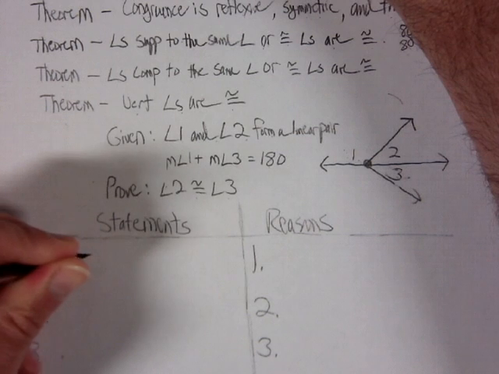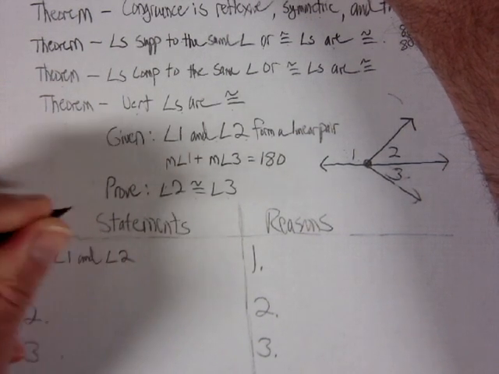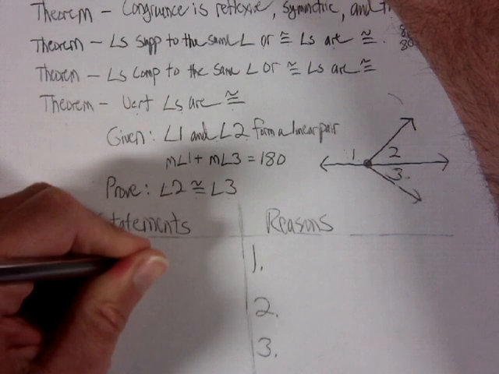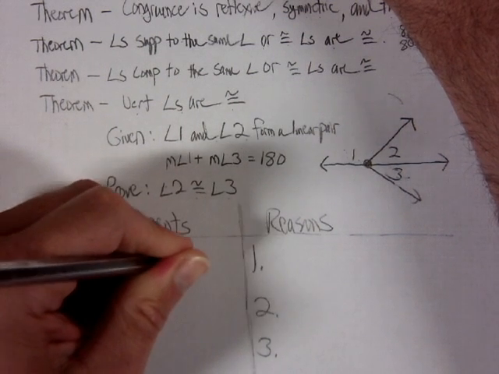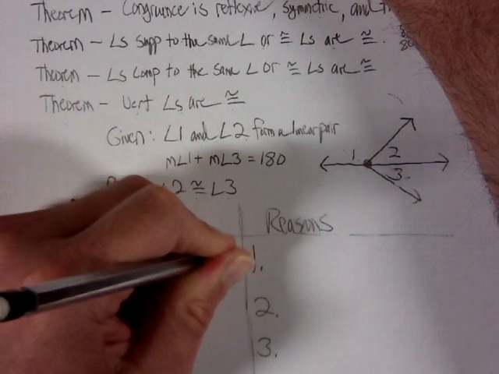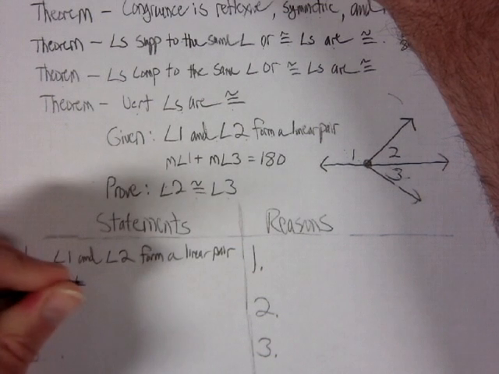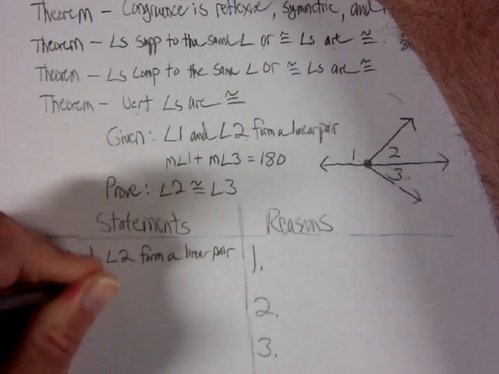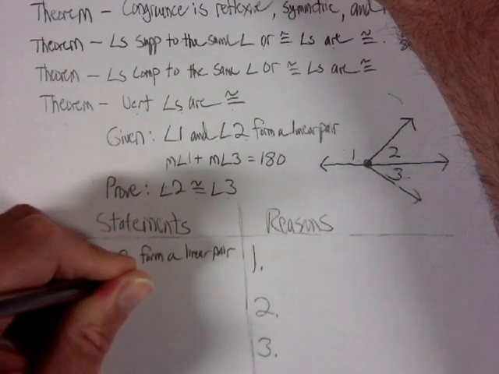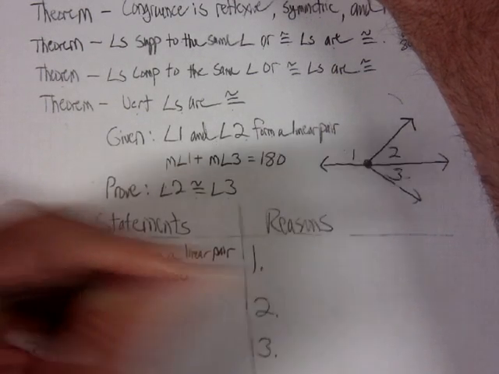Angle 1 and angle 2 form a linear pair. And the other part of the given information is that the measure of angle 1 plus the measure of angle 3 equals 180, and that's given to us.